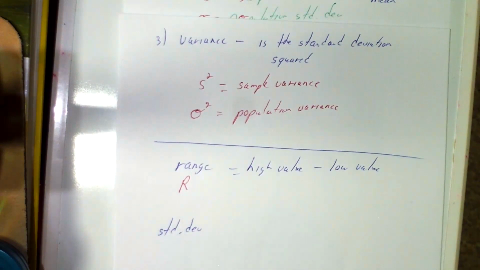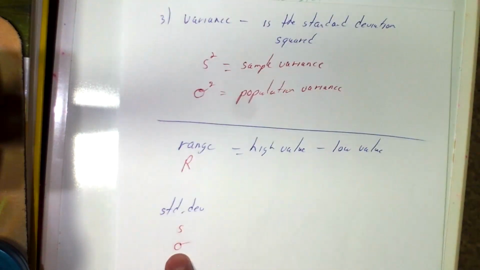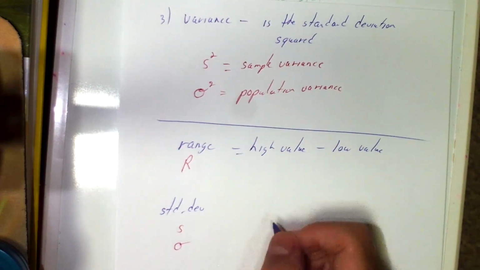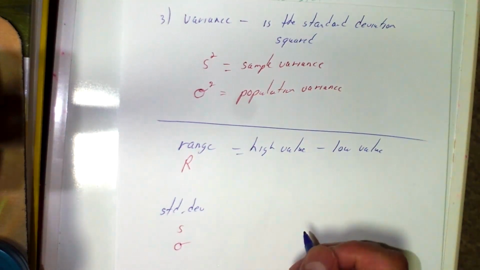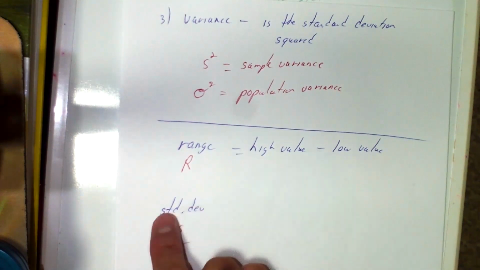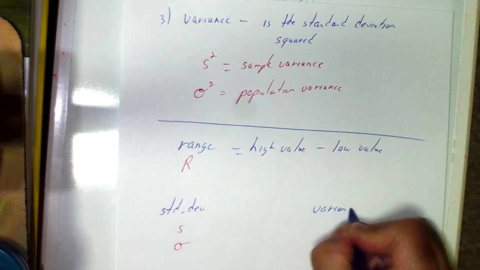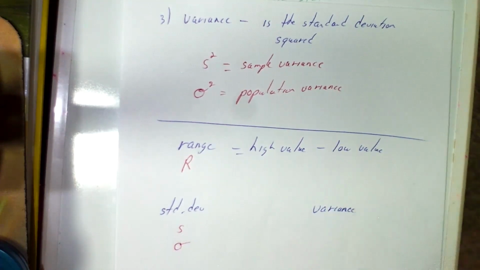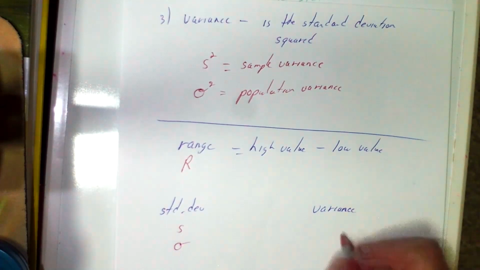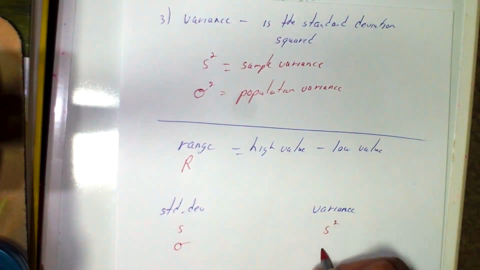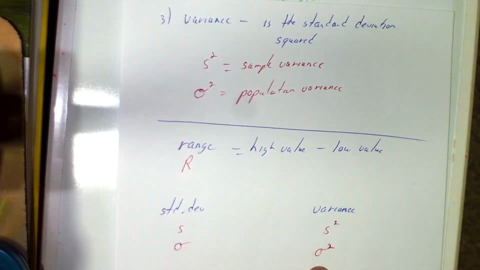We have 2 symbols: we use the S and the σ, sample and population. That was the measurement of the average distances of each data value from the mean. And we discussed the variance. Variance was the standard deviation squared. So you just raise the standard deviation to the second power, which gives you your variance.